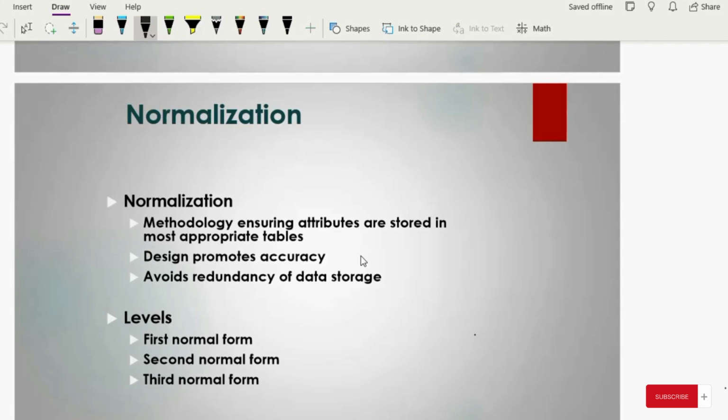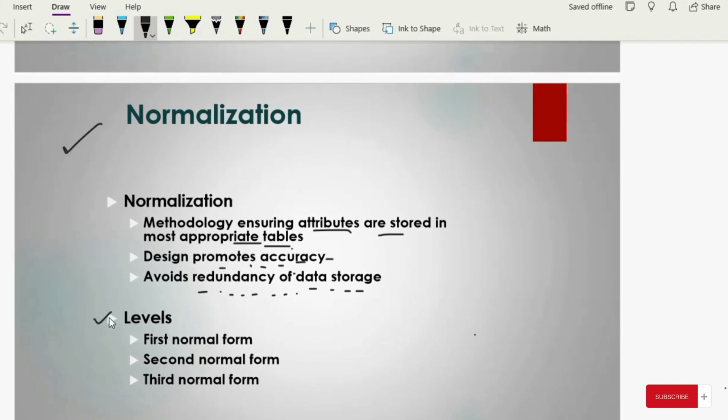So it's a methodology in which you ensure that all the data is stored in the appropriate table, and the data is accurate, and it's not repetitive in nature, because if you repeat the data again and again in different tables, the storage will be overlapping with too much information. So the normalization process helps us in avoiding the redundancy, avoiding the repetition.